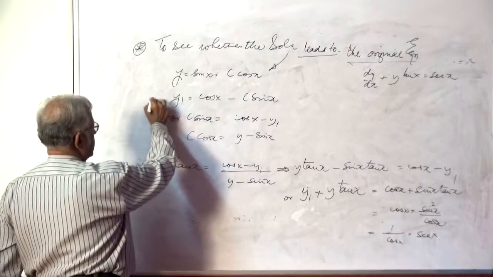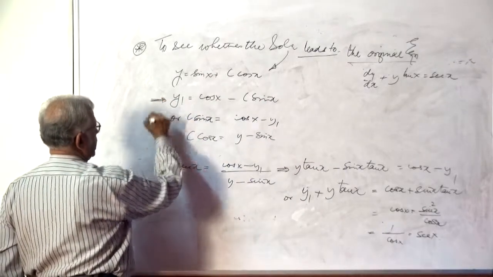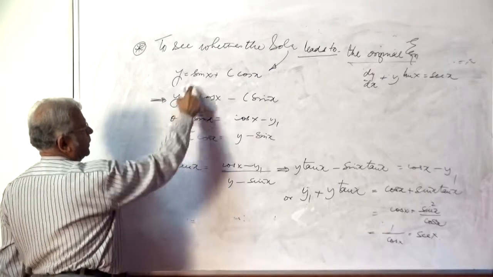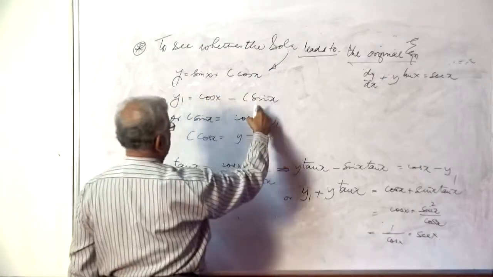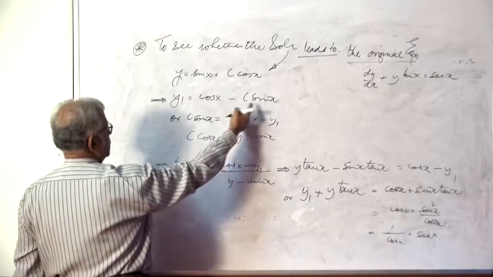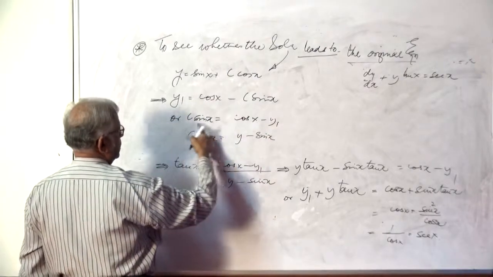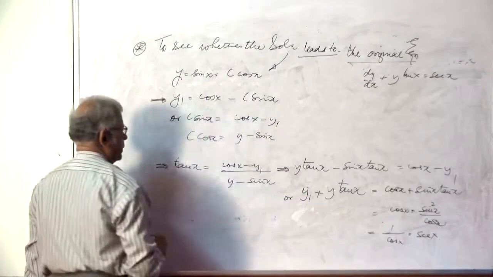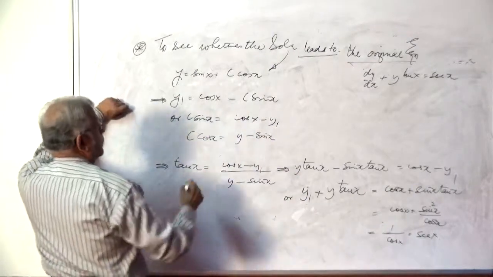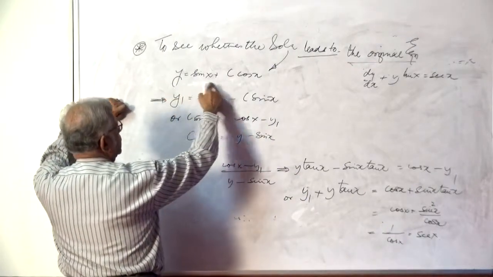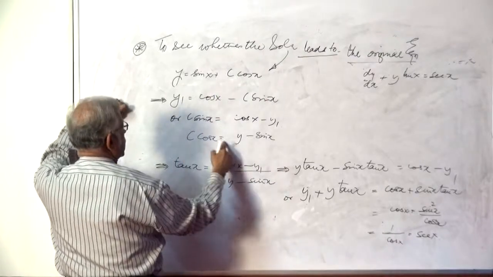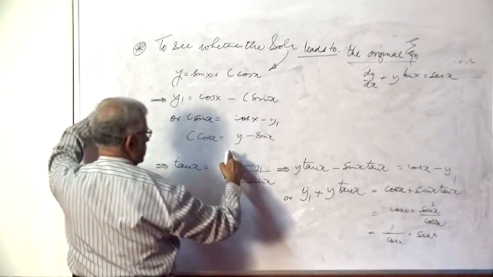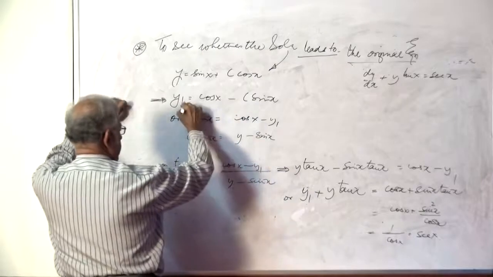The first derivative y1 is cos x minus c sin x, or c sin x is equal to cos x minus y1, just a rearrangement of terms. And we also have the original solution, that means c cos x is equal to y minus sin x.